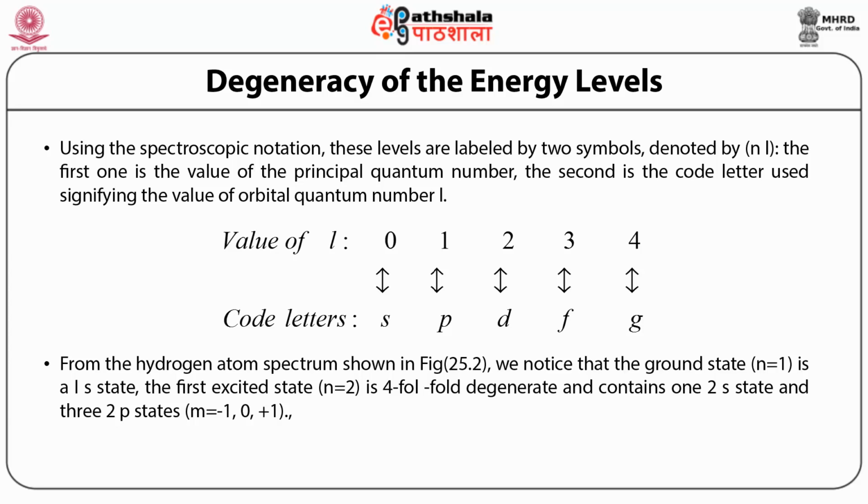The first excited state n equal to 2 is 4-fold degenerate and contains 1 2s state and 3 2p states with m equal to minus 1, 0, plus 1.